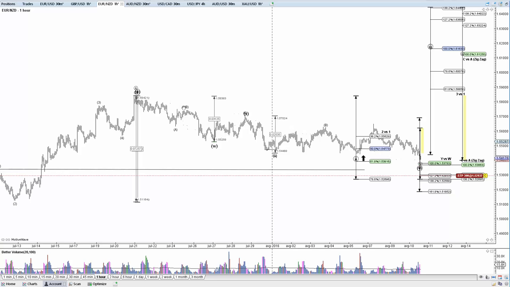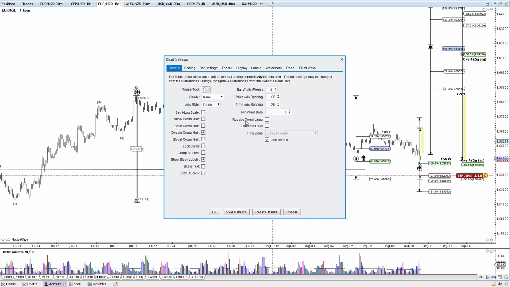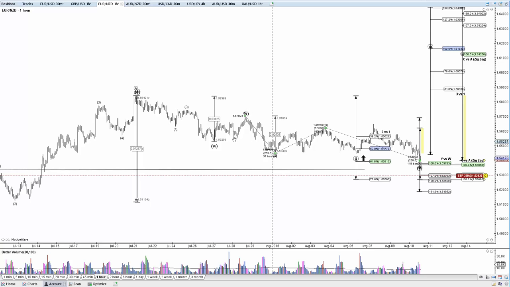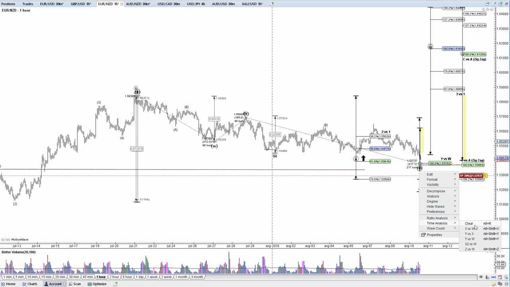Watching this analysis and ratio and the time as well, because the time, if we see the time, just a second here, this major one, yeah. So time analysis, W versus, yeah, this one.